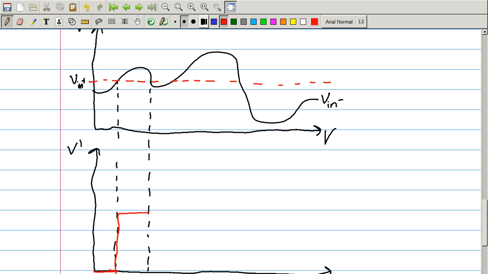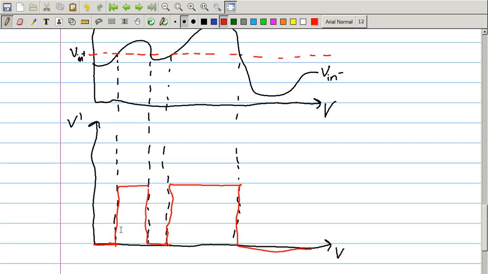Then again, it goes low. Really showing my art skills here. Then it goes high for quite a long time, and then it goes low again. Okay. So with only one reference voltage, you're seeing a lot of variation.